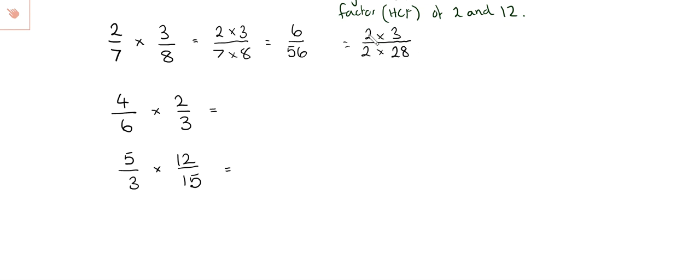So if the 2 and the 2 make the 1 bit, I'm left with 3 28ths. Now, I can only simplify if there's another factor. Now, 3 is a what kind of number? It's a prime number. So prime numbers can only be divided by themselves. So unless 28 can be divided by 3, which it can't, I know I'm as simple as it can go. So that's my answer.